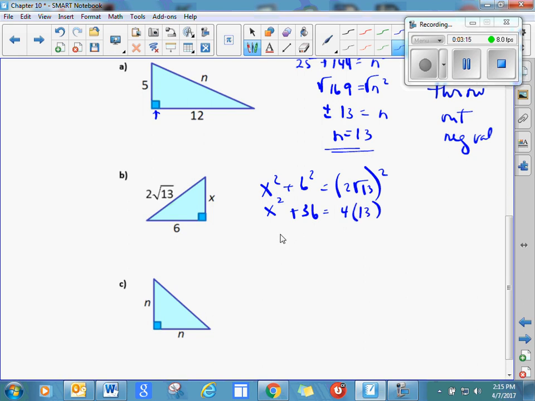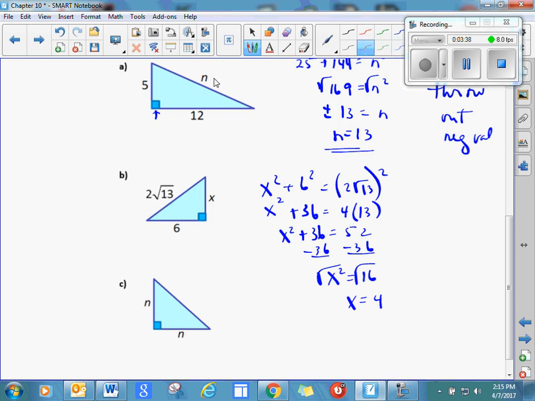So we get x squared plus 36 is equal to 52. Subtract 36 from both sides, and we get x squared is equal to 16. Again, we'll take the square root, we'll throw out the negative root, and we get x is equal to 4.